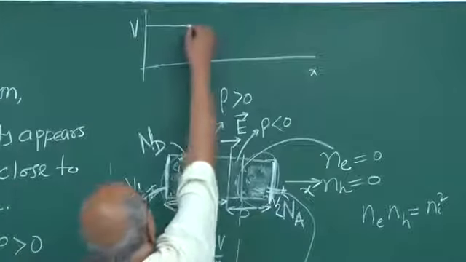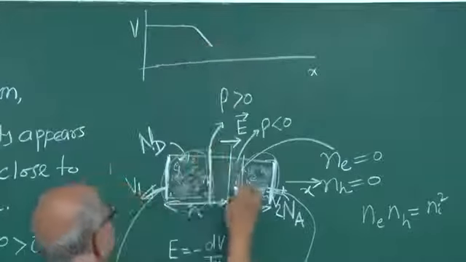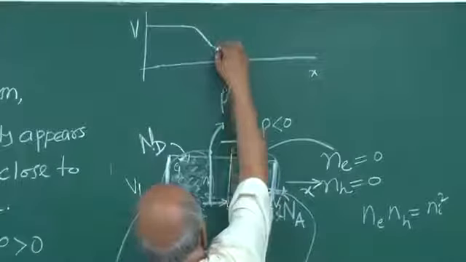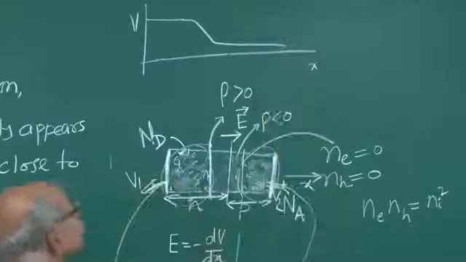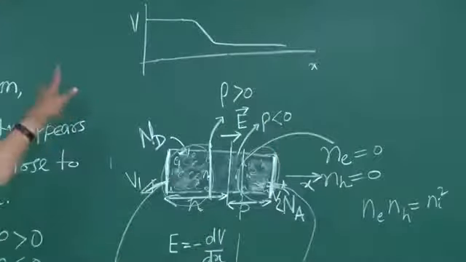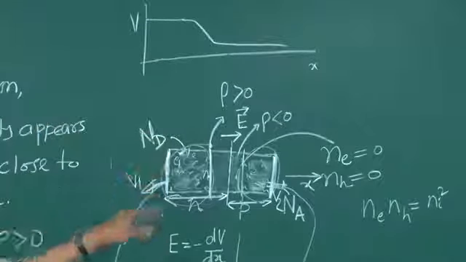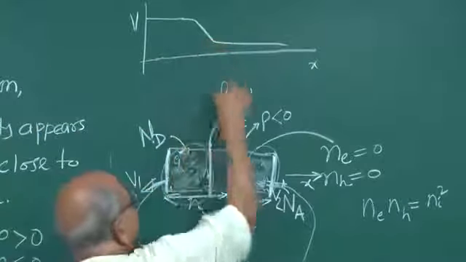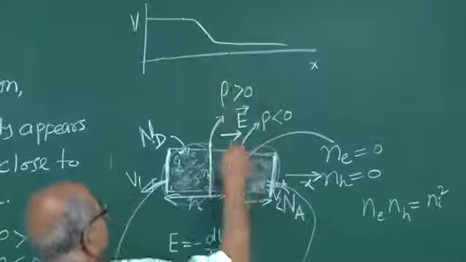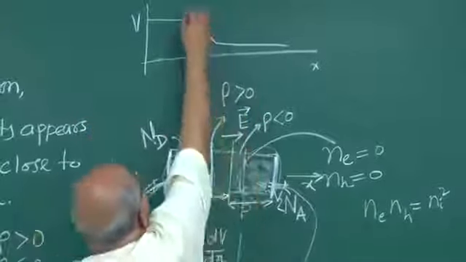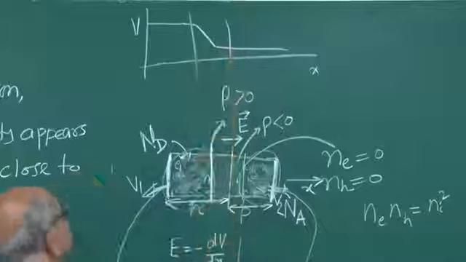Then again it becomes constant. So this is how the potential as a function of x will look. This is the potential, this is the depletion region.